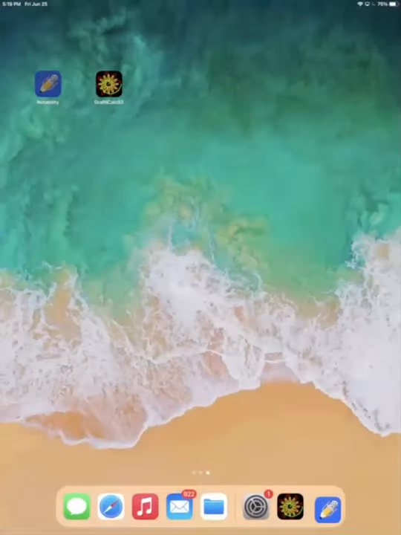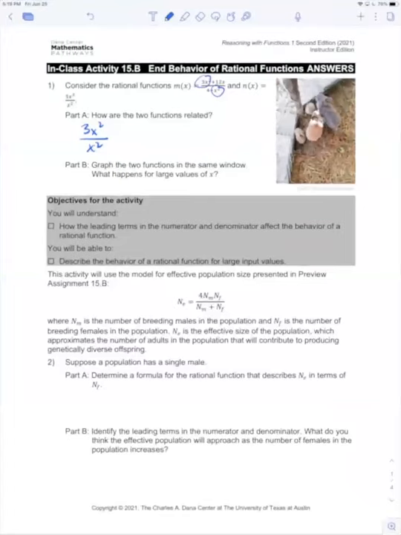Let's go back to writing. Objectives for the activity. You'll understand how the leading terms in the numerator and denominator affect the behavior of rational functions, and you'll be able to describe the behavior of a rational function for large input values. This activity will use the model for effective population size presented in preview assignment 15b.